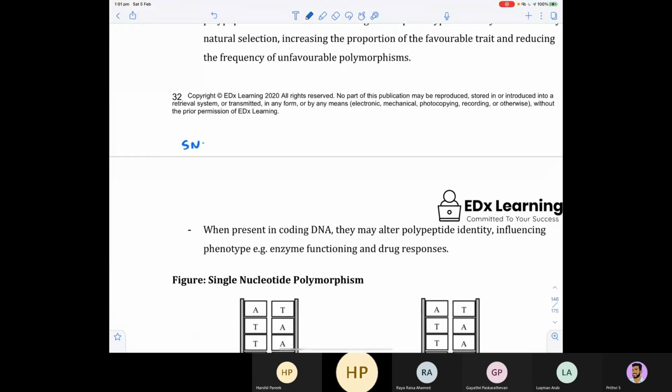So if you have a SNP in coding DNA, it's going to be expressed as a protein, and that's going to affect phenotype. Does everyone agree? Now, SNP means variation. Do you all agree? So if there's a variation in a base, there'll be variation in the protein, there'll be variation in a phenotype.